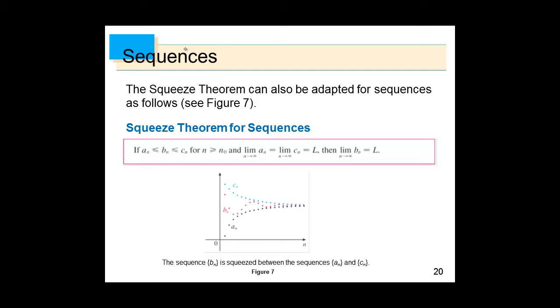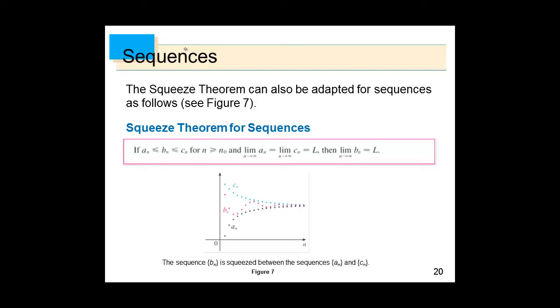But after the 100th term, all the terms of the sequences follow this order. Is that making sense?